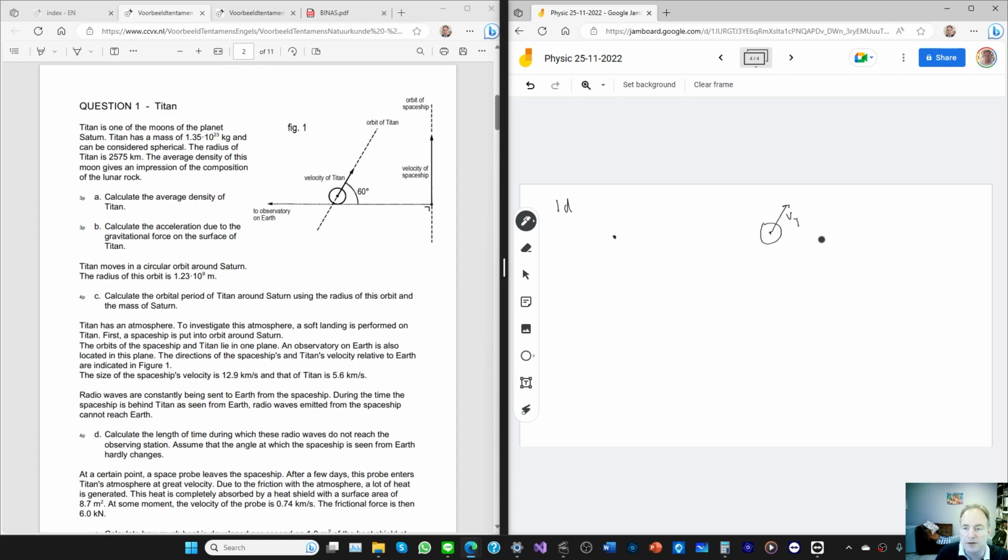And then we have a spaceship with a velocity here, 12.9 kilometer per second. So if the spaceship is behind Titan, obviously it will be hidden. And you can actually draw a line here.